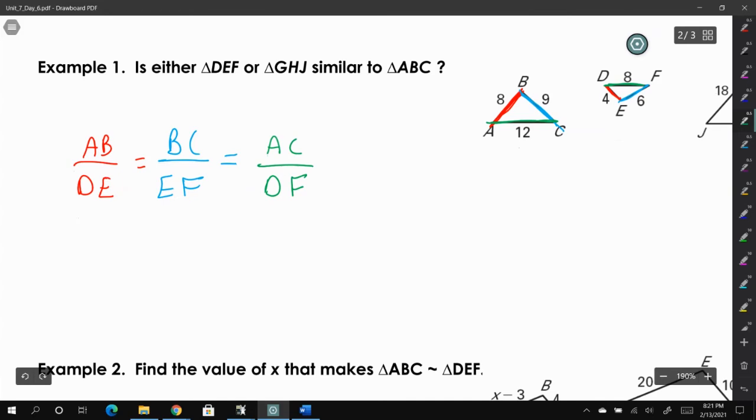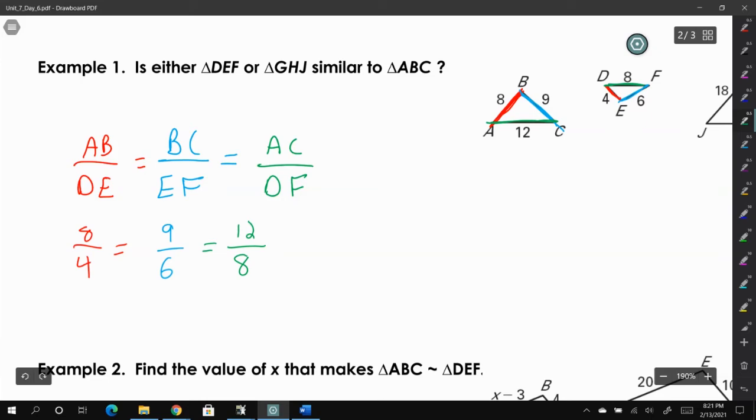Now let's fill in the actual values. AB is 8 and DE is 4. Now the light blue, BC is 9 and EF is 6. And AC is 12 over DF is 8.